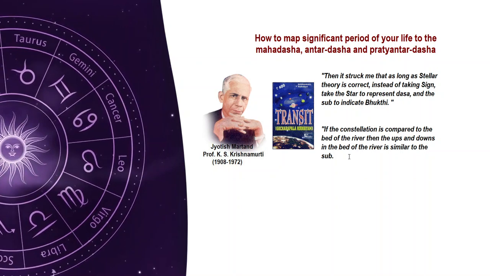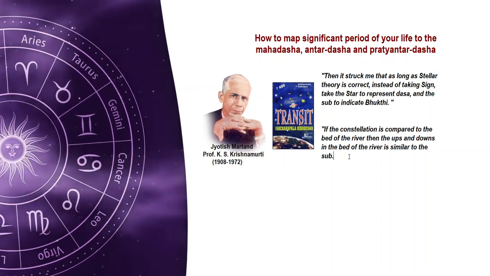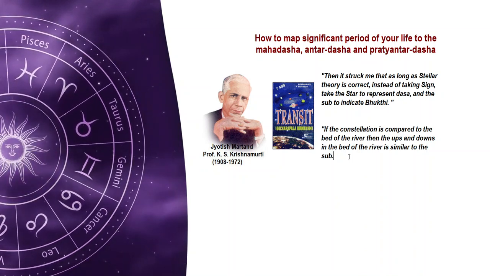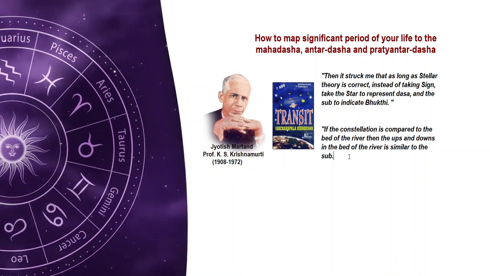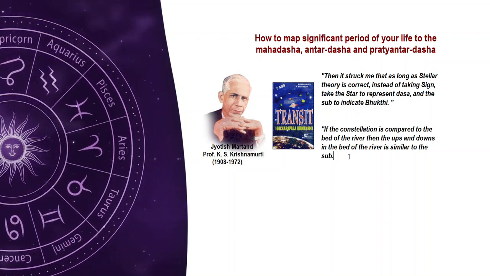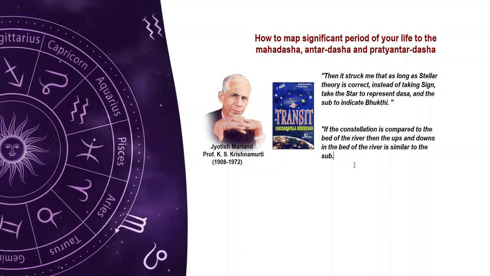We know this theory that the star lord indicates certain houses, and so that's more like a promise. That's more like a potential that this would come up during that particular period of that planet.